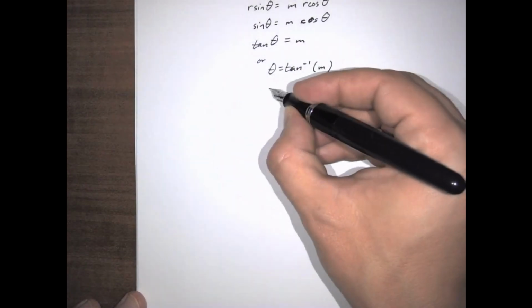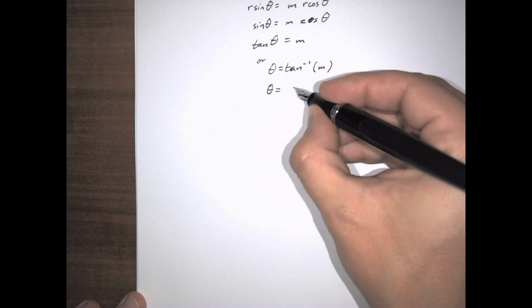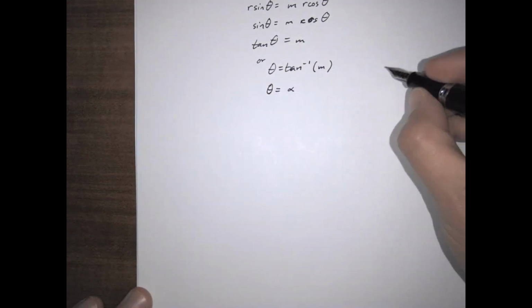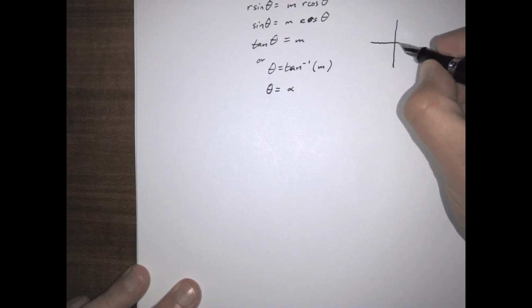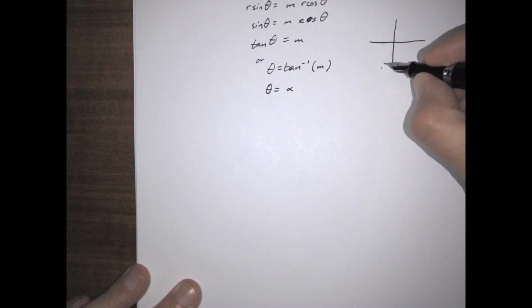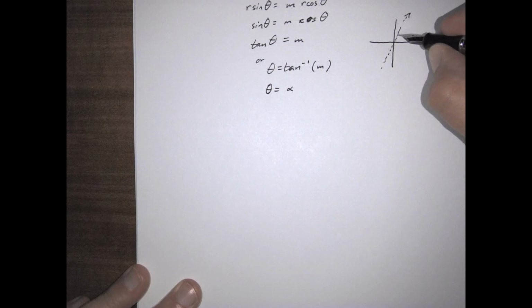In other words, theta equals just some angle alpha. And here, what this would mean is we would have just some line going through the origin. The angle of it would be alpha.